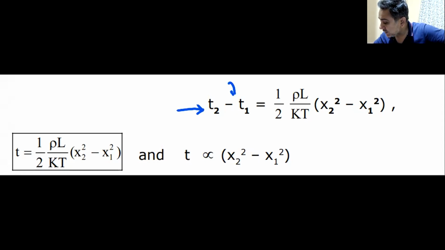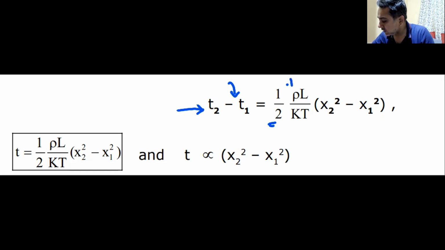T1 is the time taken by the lake to freeze by an amount of x1. T2 is the amount of time taken by the lake to freeze to x2. Do we understand this? T1 and T2. T1 is the time taken by the lake to freeze to x1. T2 is the time taken by the lake to freeze to x2.